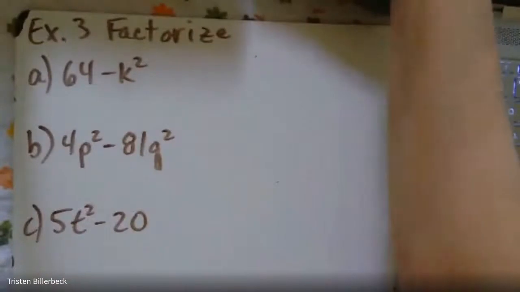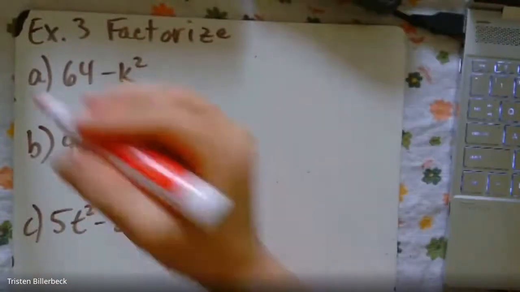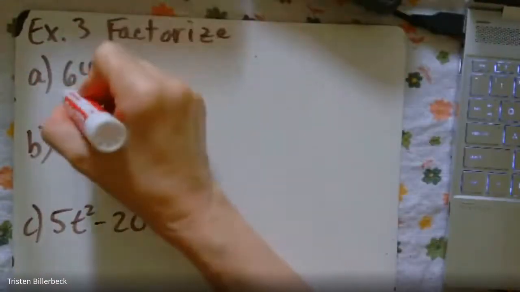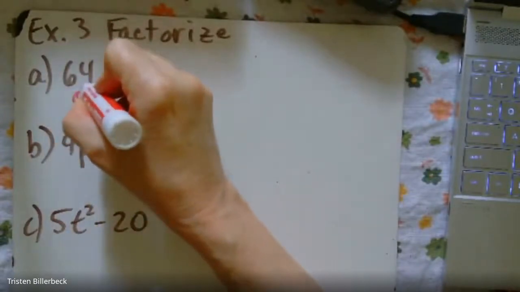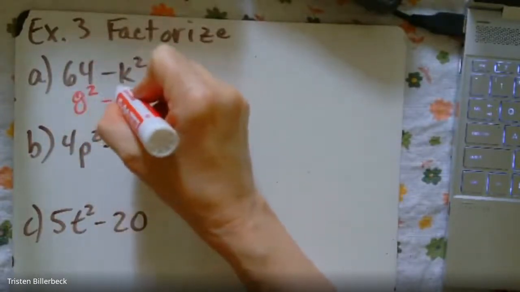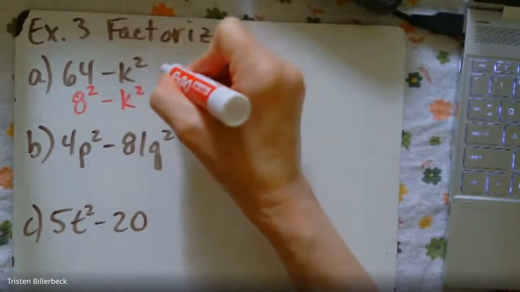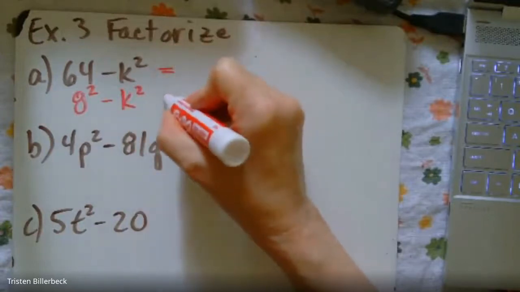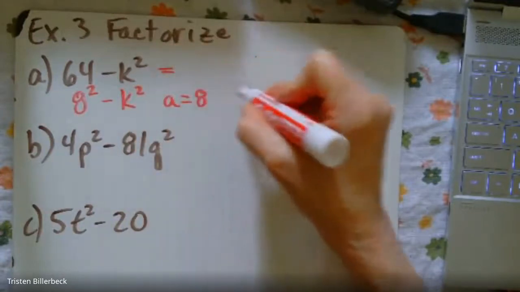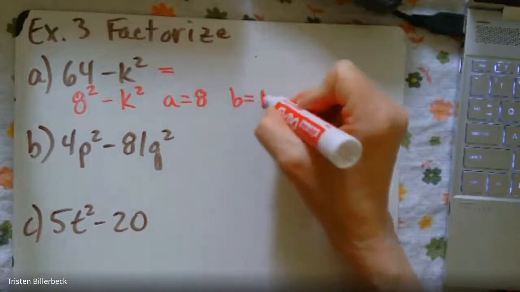So that's why we have no middle term here. So let's look at what it will look like here. 64 we know is 8 squared, and then k is just k squared. So our a is going to be 8, and our b is going to be k.